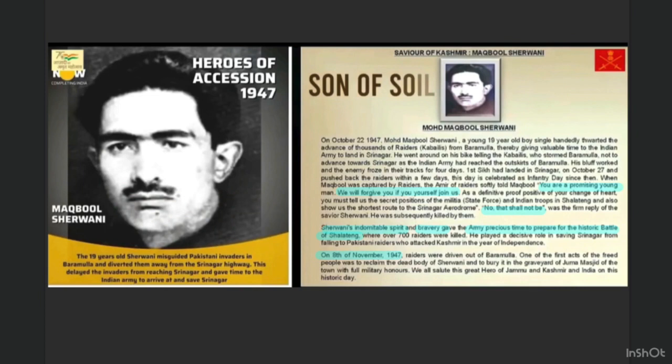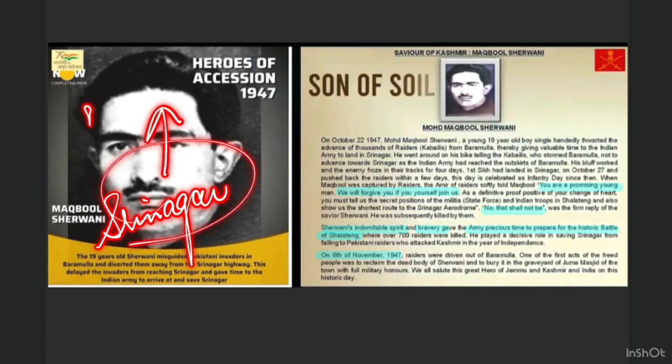Tell us the shortest route to the Srinagar aerodrome, and we will set you free. But this young lad was so courageous. He said no, that shall not be the case. His indomitable spirit and bravery allowed that much valuable time. And the next morning, on the 27th October, the Indian Army landed in Srinagar.